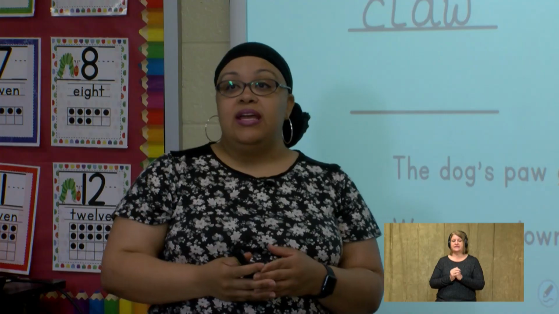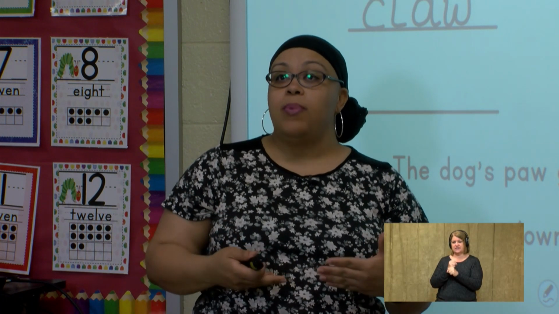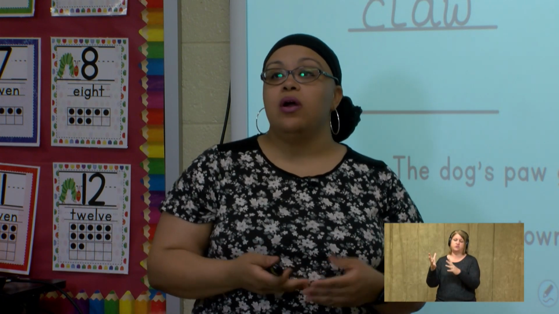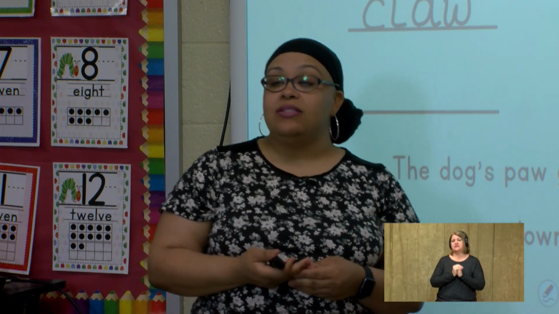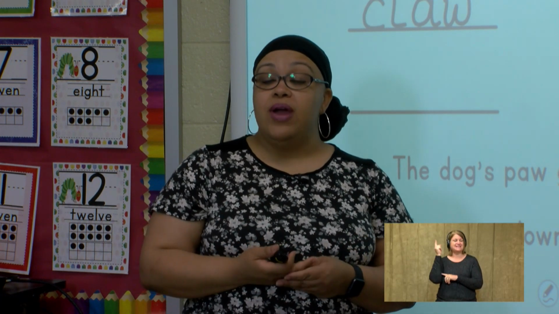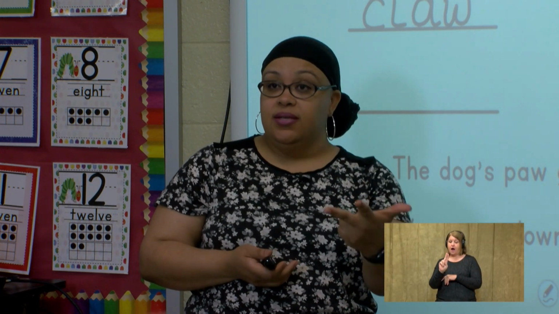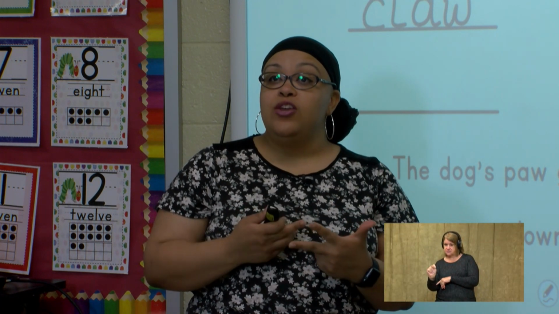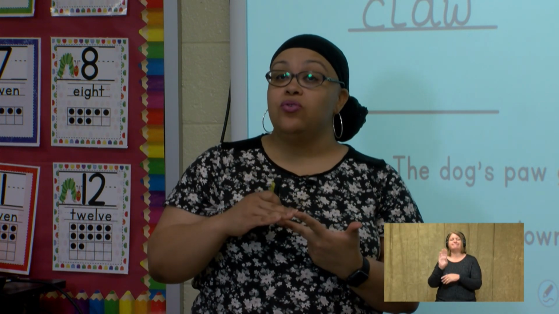Our next word is caught. Caught, like you caught a ball. Say the word caught. Good job. Now let's say the sounds that we hear in caught. Ready? Go. K, ah, t. Where do you hear that ah sound? That's right, we hear it in the middle of the word.